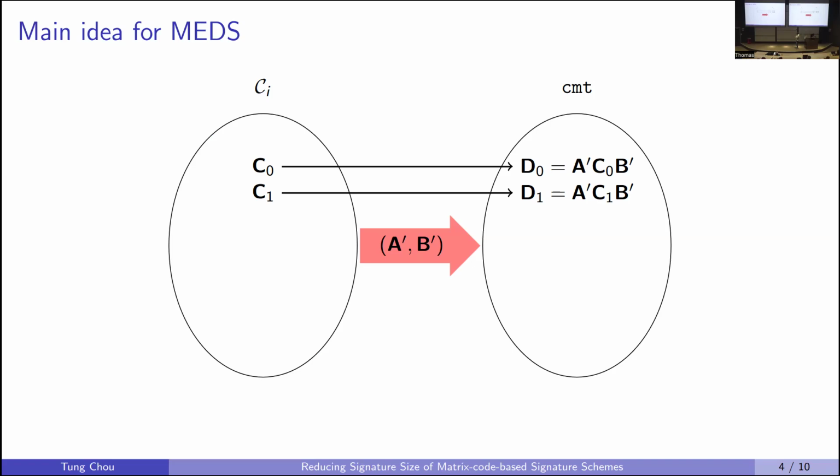If you think about it, most of the time there's only a unique asymmetry between C0, C1 and D0, D1. So our idea is very simple: how about we just represent the asymmetry with this interpolation data, C0, C1 and D0, D1.